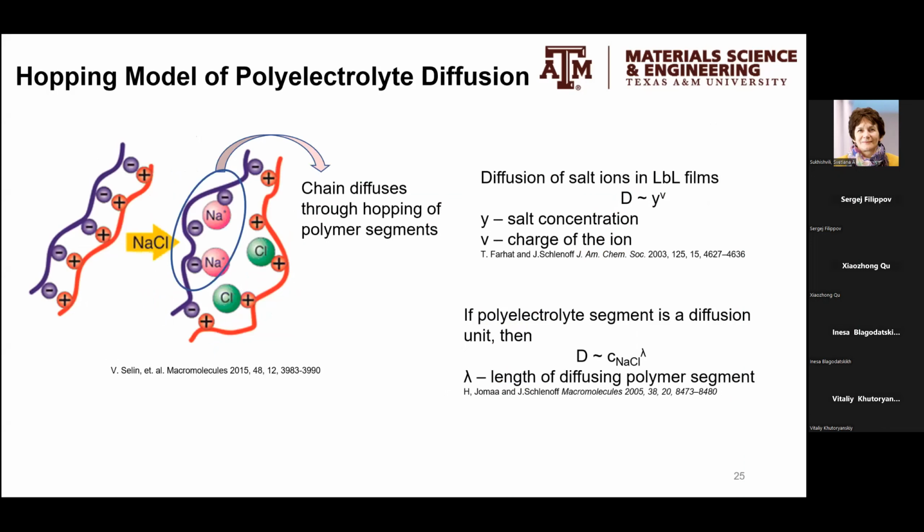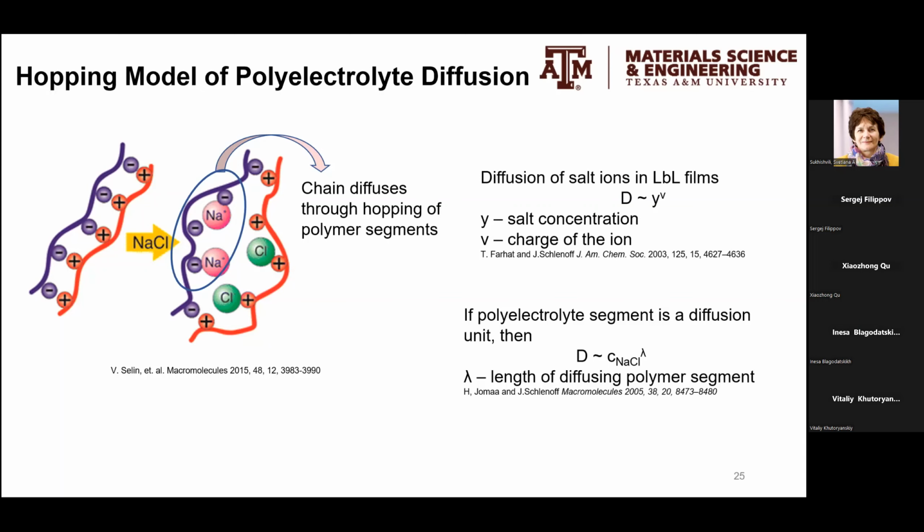The second way to think about polymer diffusion was developed by Joe Shlonov, who considered the hopping model of polyelectrolyte diffusion. It is a very intuitive picture that the polyelectrolyte chain moves by hopping of segments, or several adjacent units in the polymer chain.